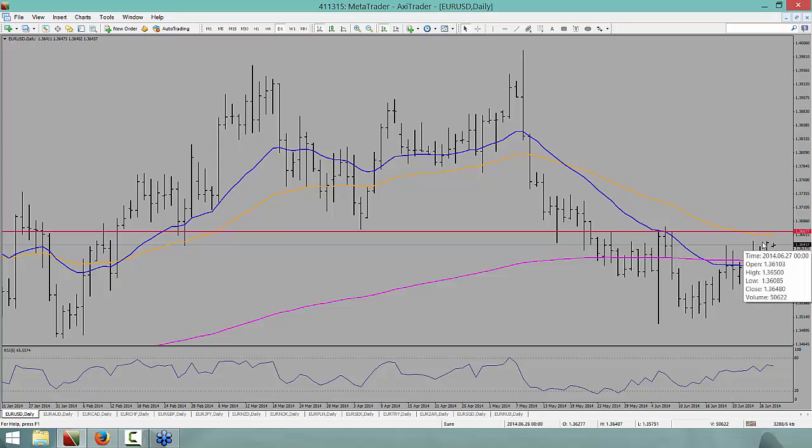Friday was a pretty bullish bar in the last 5 hours of trading in the US. I'll be looking for a potential entry here over the next couple of sessions. In front of the ECB, we won't be taking on a huge amount of risk, but I'll certainly be looking for an opportunity to get short. From a fundamental and technical point of view, I think that's a good idea.